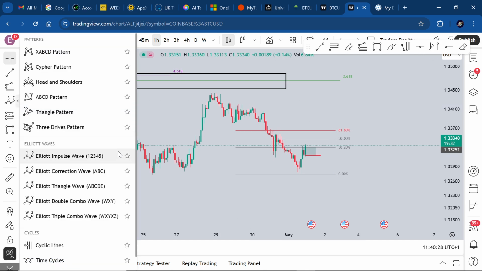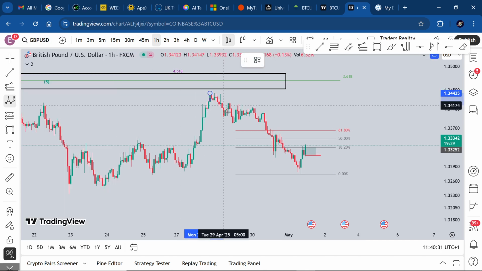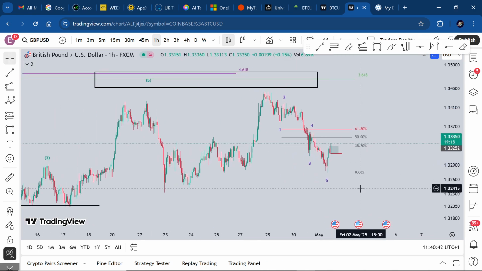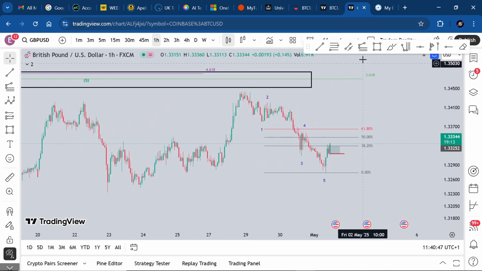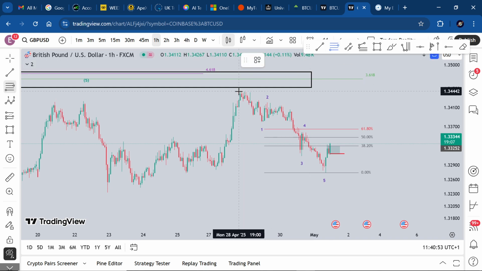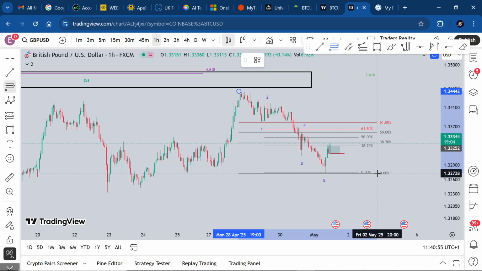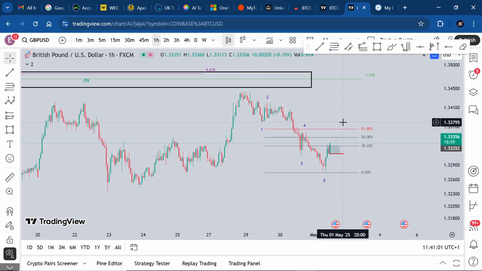In fact, it might be the most probable that this is a 1, 2, 3, 4, 5. This is a 5-wave move. So potentially we could be coming up to put in a 2-wave. 618 for that is around here, and then turn back down. That's a potential. We have news at 3.